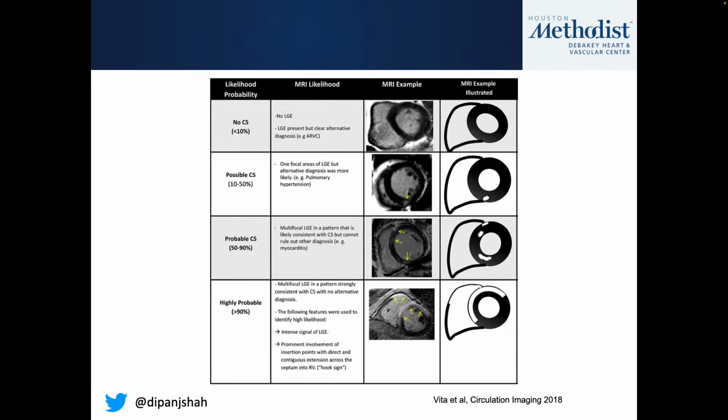And then probable sarcoidosis, again, these are the cases where there's a higher index of suspicion, tends to present with multifocal LGE patterns. And it's important, obviously, to then rule out other conditions that could also mimic this. And then highly probable sarcoidosis would really be evidence of multifocal LGE associated also with intense LGE signal, and oftentimes with involvement of the right ventricle as well.